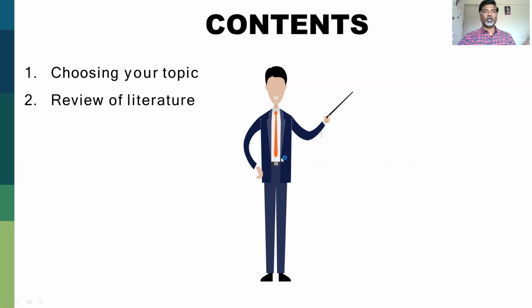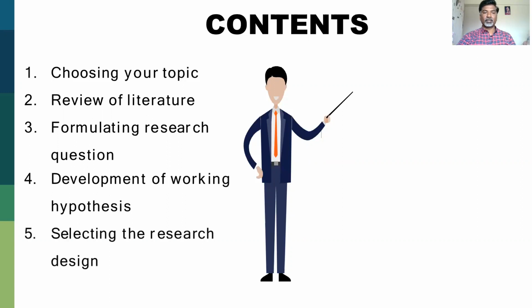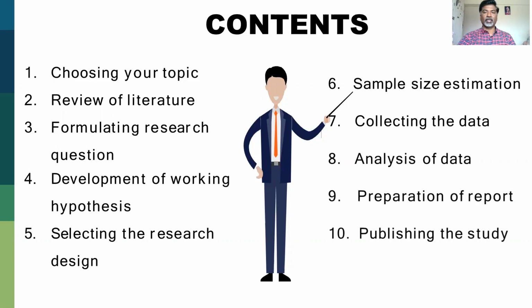Then from where you have to conduct the review of literature, how to formulate research questions that you are going to ask or collect information for the solution, then how to write a working hypothesis, what should be the good characteristics of a hypothesis, selecting the research design, sample size estimation, collecting the data using different tools and techniques, how to analyze the data, preparation of report, and how to publish the study. So all those things we are going to complete in today's presentation.